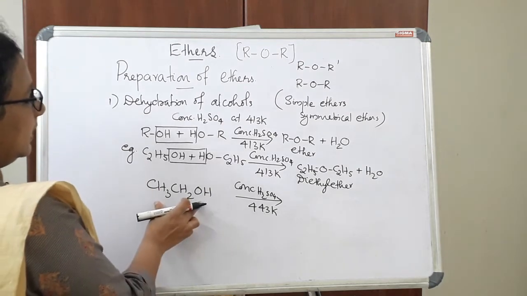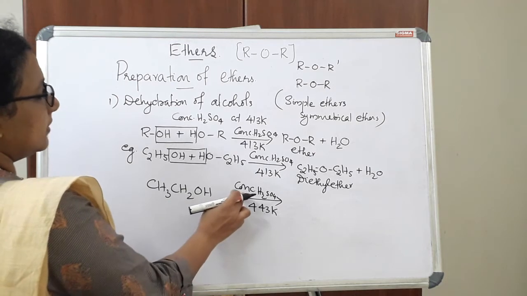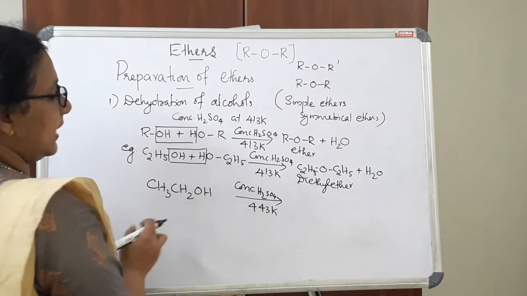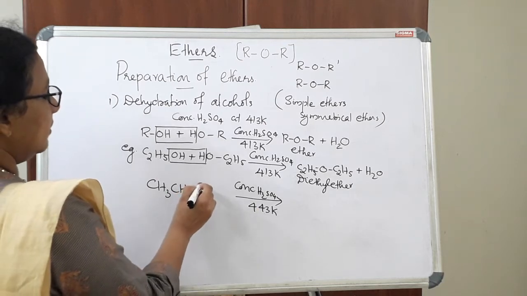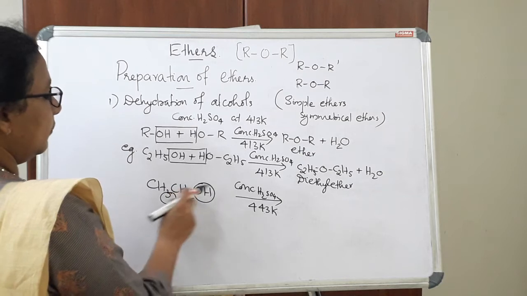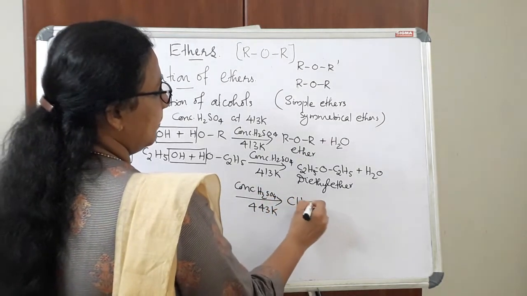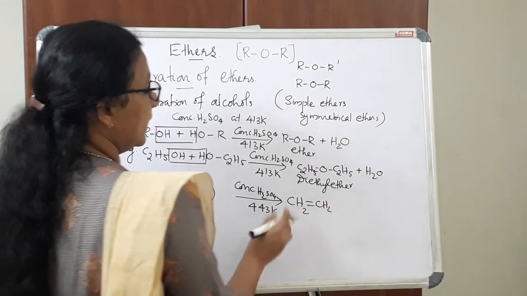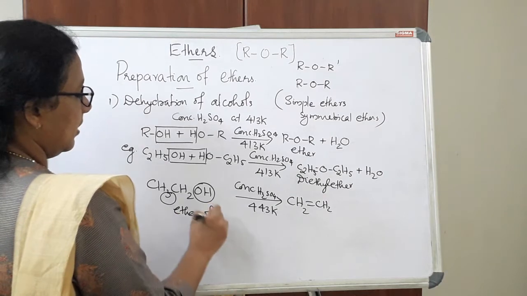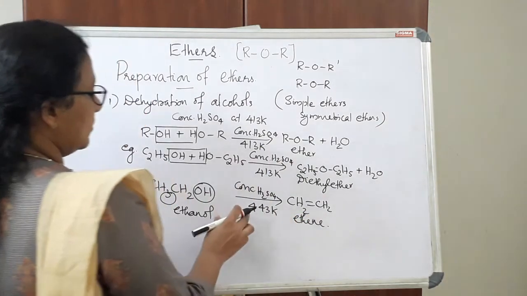If you are taking 1 molecule of ethanol and the reaction condition is concentrated H2SO4 at 443 Kelvin, here also dehydration takes place and 1 molecule of water is eliminated. We will get CH2=CH2. Here we will get an alkene. So it is ethanol and it will be ethene. So that is the difference.